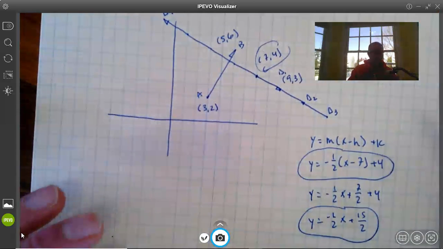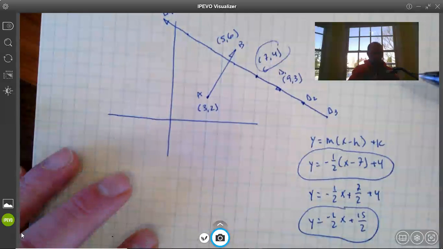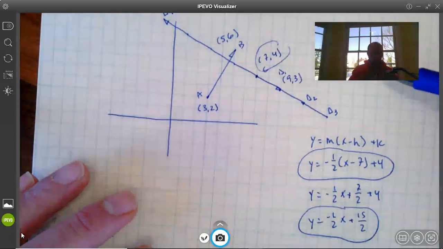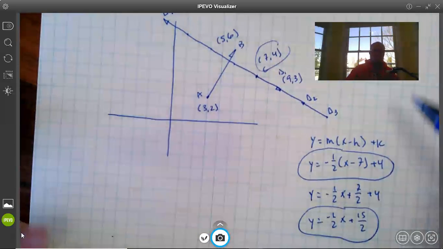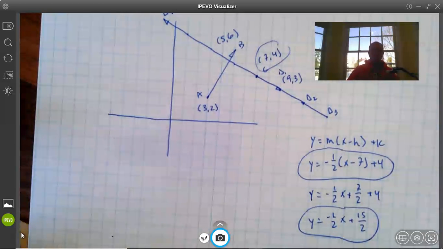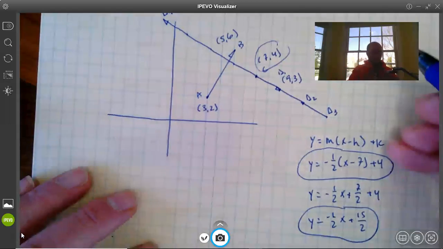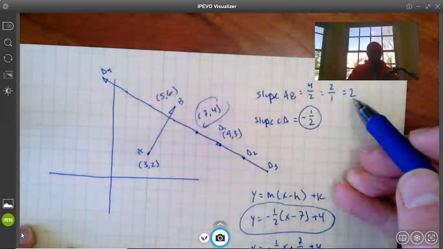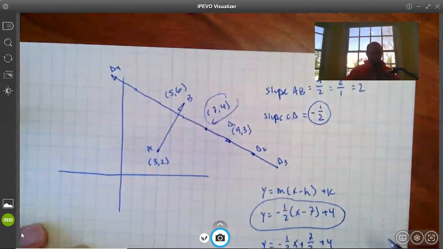So again, the thing to remember, your takeaway, is that the slopes of perpendicular lines are negative reciprocals. The easy way to find negative reciprocals is just take the slope, flip it upside down, and change the sign. And keeping in mind that 2 flipped upside down is 1/2.